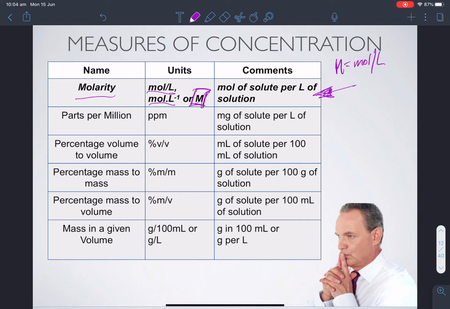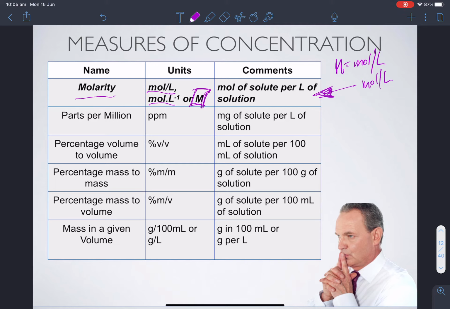So same unit, okay? I tend to use moles per litre all the time because it doesn't hide the units there, and we can use dimensional analysis to cross units out and multiply and divide and stuff. So I don't tend to use the big M, but we kind of have to get used to it because it's in our HSC.